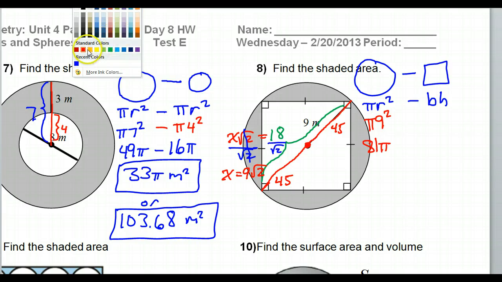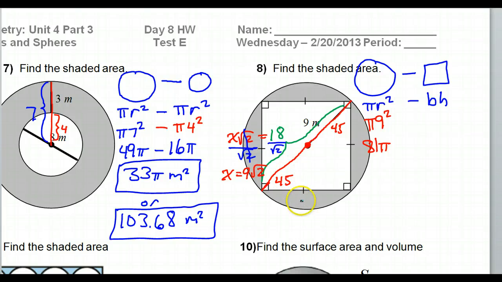I'm going to try orange, maybe. Okay, so look, this is 9 radical 2 right here. And this is 9 radical 2 over here. Now, what was the point of all that, you say? Wow, that's a terrible 9 radical 2. One more time.